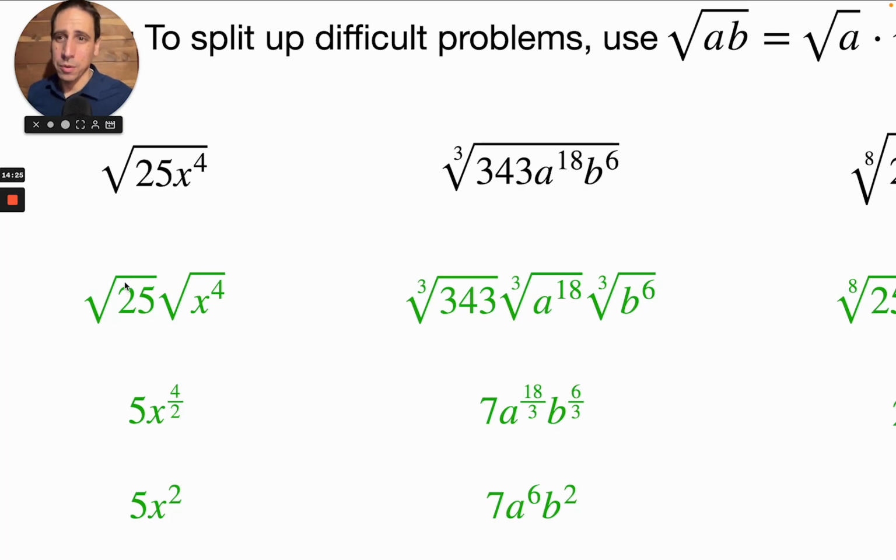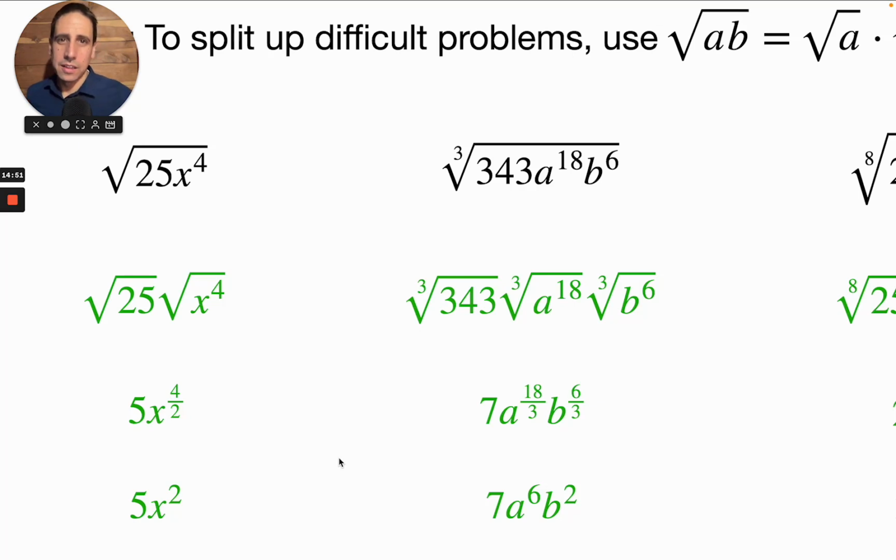Why don't you examine the square root of 25 and the square root of x to the 4th individually? The square root of 25 is positive 5, and the square root of x to the 4th is x to the 4 over 2. The 4 in the exponent makes the numerator, and the 2 that you can't see here makes the denominator. Simplifying 4 over 2, you get 2, and the answer is 5x squared.